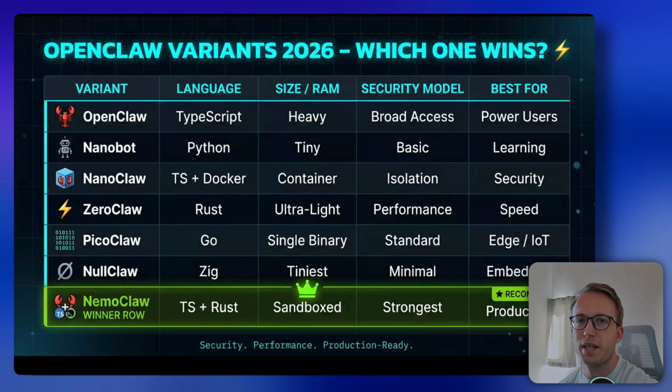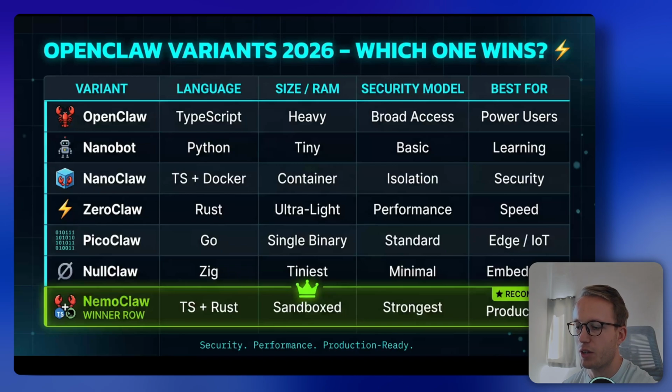That's one reason why the community built several forks of the original OpenClaw that have advantages and disadvantages depending on your use case. So here's a quick comparison. The original OpenClaw written in TypeScript has the maximum of features but also carries the highest risk.